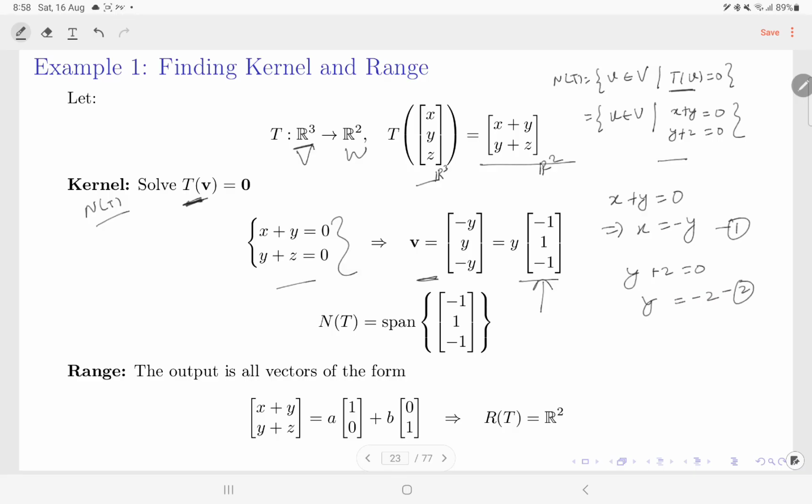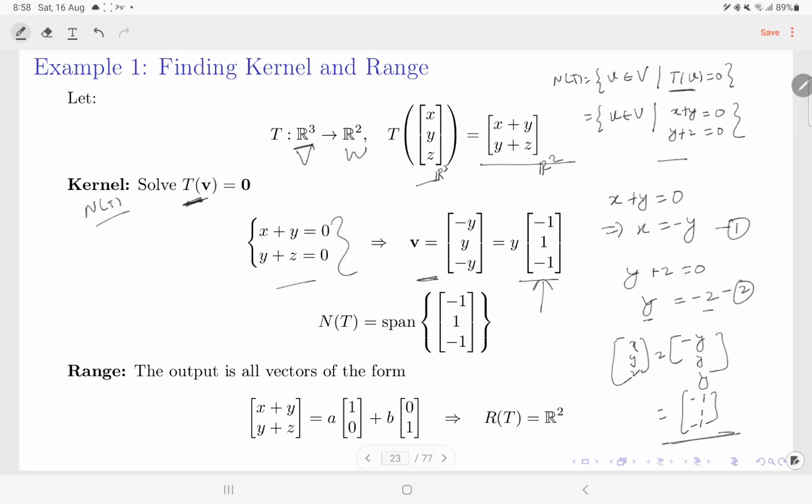This is second. So how can you write this? x, y, z: x is equal to minus y, y is equal to y, keep it y, and then z is equal to minus y. This is nothing but minus 1, 1, minus 1.